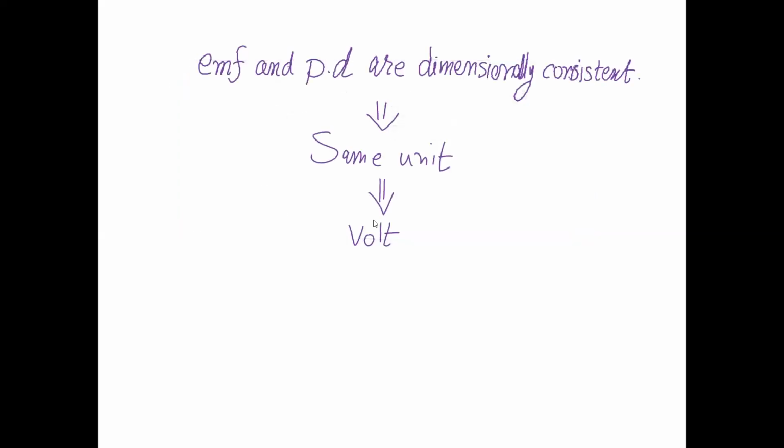Now, we had discussed this concept also, that EMF and PD are dimensionally consistent. What does dimensionally consistent mean? It means they have the same unit, volt, but they are physically different quantities.